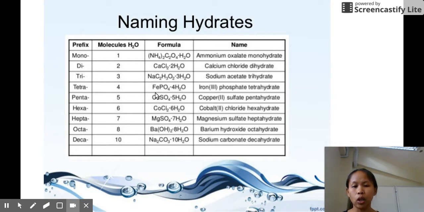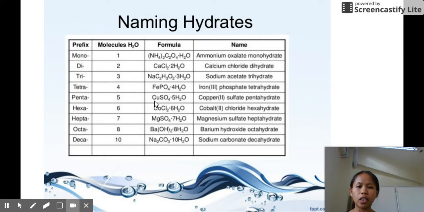But since in the overall chemical formula you don't see a subscript 3, that means the 3 negative of PO4 was cancelled by a 3 positive from Fe. So the Fe's charge in this compound is iron 3, not iron 2, because it would be a different chemical formula if that was iron 2. And of course, the name of the polyatomic anion is phosphate. So that's iron 3 phosphate. And therefore, with the water, that becomes tetrahydrate.